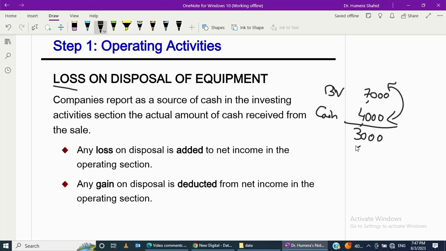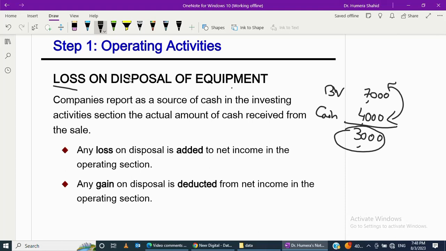In the income statement, you have loss on disposal of equipment. Check your income statement, there is a loss on disposal of equipment. That is decreasing your income, right? Because you are subtracting it in the income statement. But the net effect you will be putting in the investing activity section. So if you do not remove this loss from the net income, the effect will be dual.